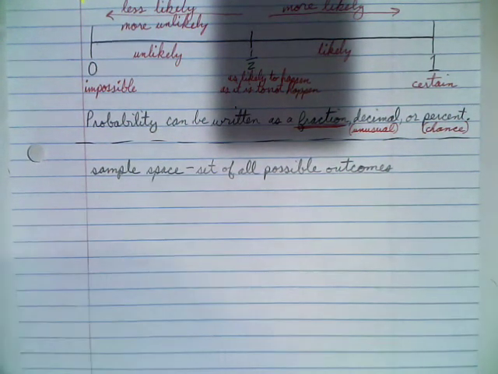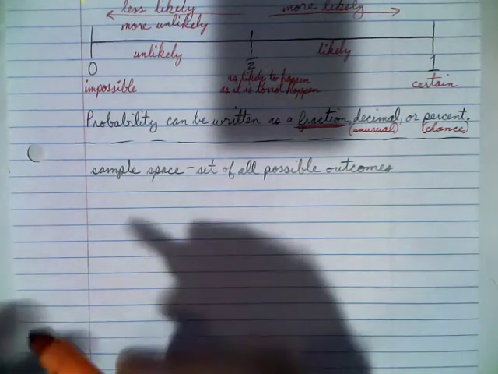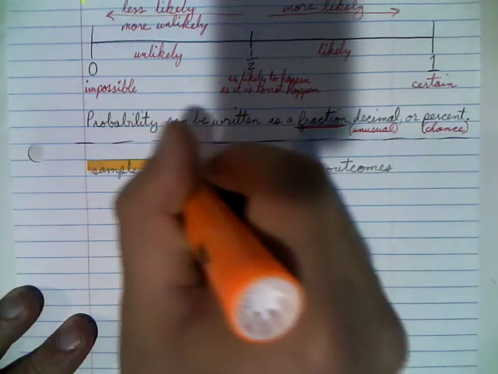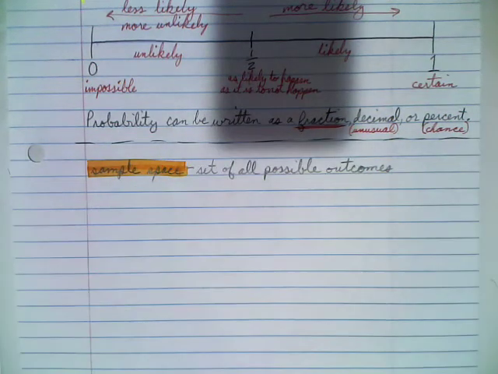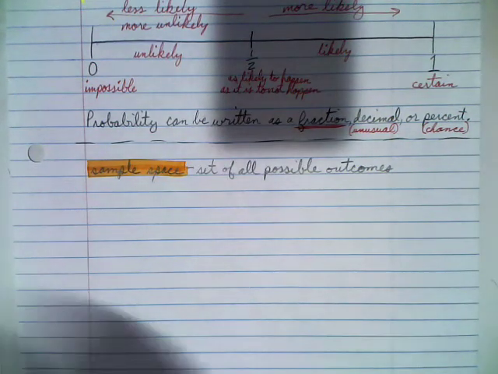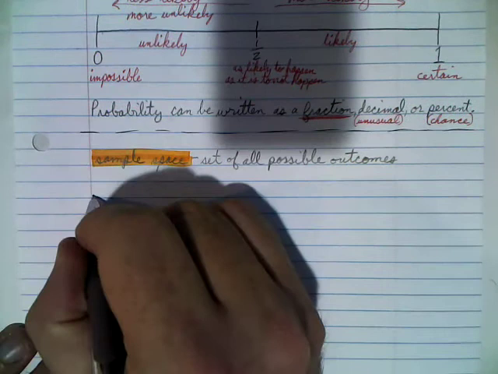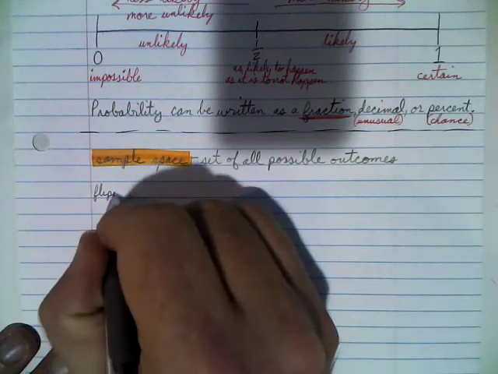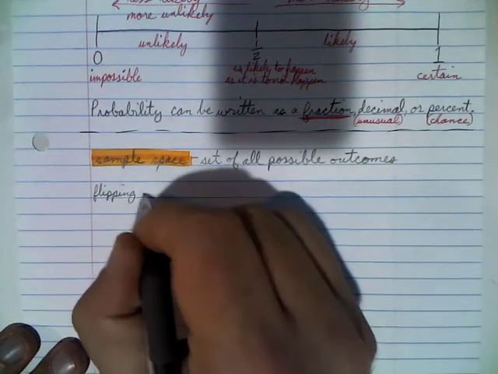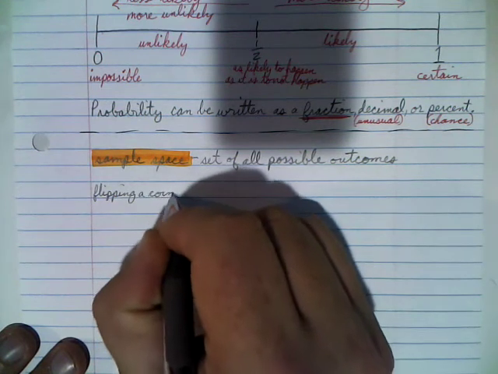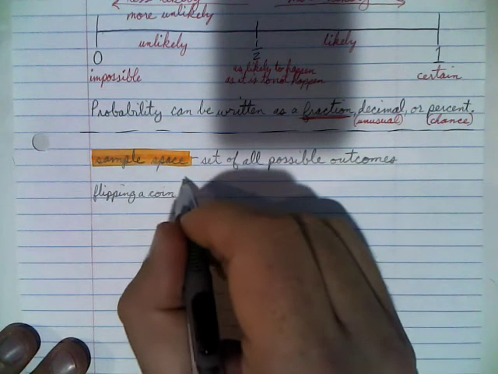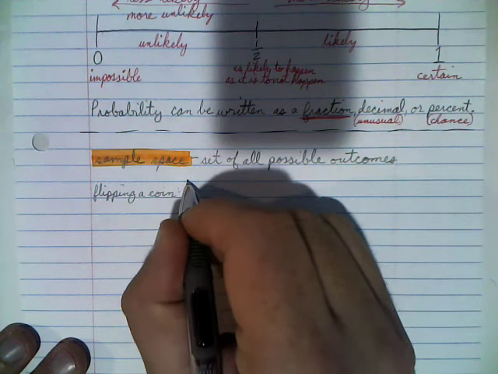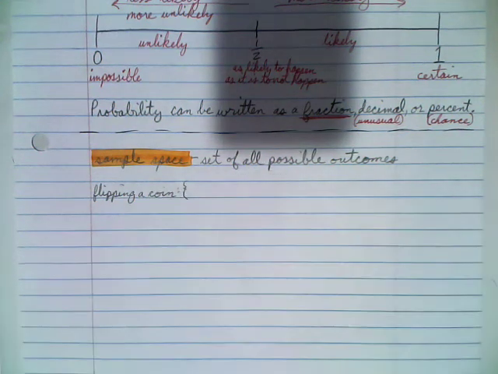So that's another vocab term. Let's highlight that in orange. Let's say we are flipping a coin. What are the possible outcomes?